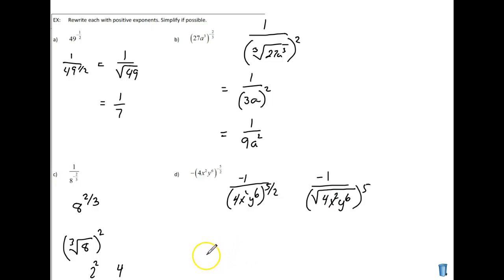Okay, so then that gives us negative 1, and this becomes 2x and a y to the 3rd, and then I'm going to raise that whole thing to the 5th power. So this gives me negative 1 over 2 to the 5th, that's 32, and an x to the 5th, and then remember, when I raise a power to a power, I multiply, so that's y to the 15th.